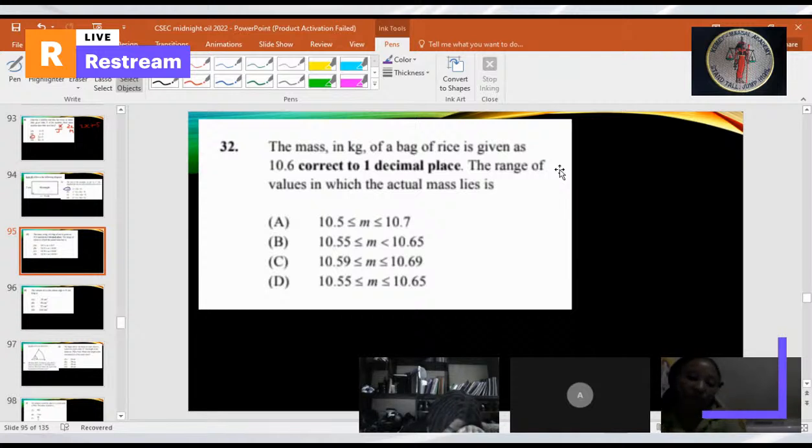We don't know if we rounded it up or down, so they're giving us both. Which pair of these values could have rounded up and down to 10.6? So in order to round it down, it would have had to be what? And to round it up, it would have had to be what?